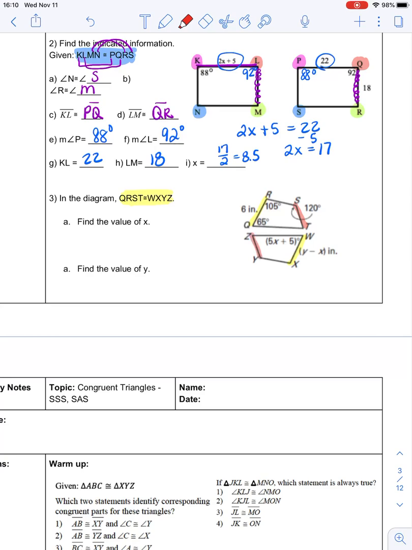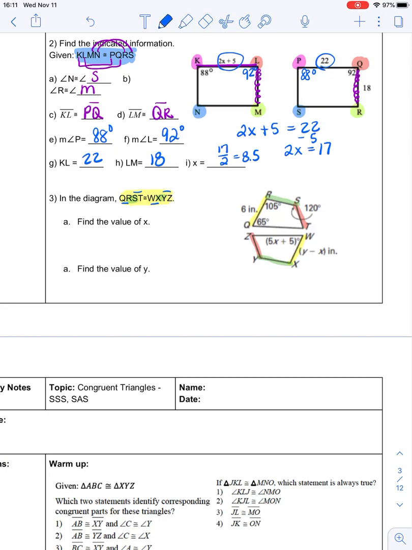ST matches with YZ. See, I can see them right over here. QR matches with WX. ST matches with YZ. RS matches with XY. And then that leaves QT and WZ.